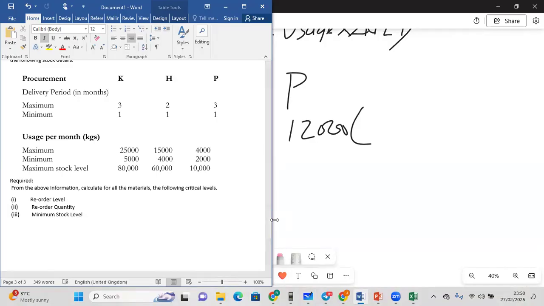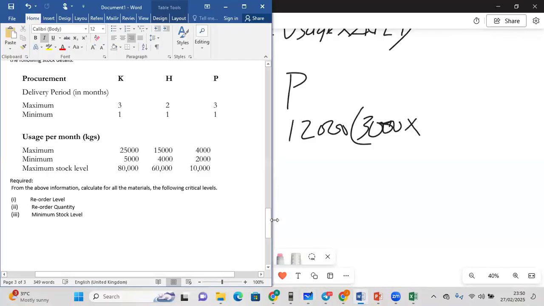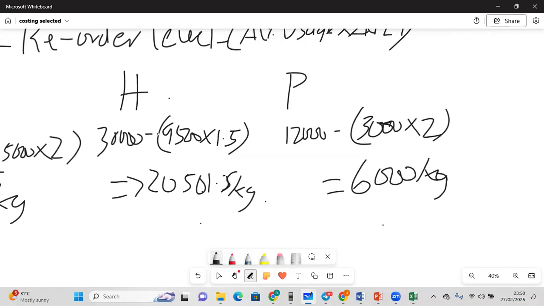Thereby it is going to give us 3,000. 3,000 times 3 plus 1, 4. 4 divided by 2. So we are going to get 2,000 kg of P.